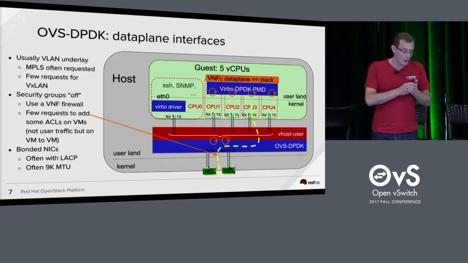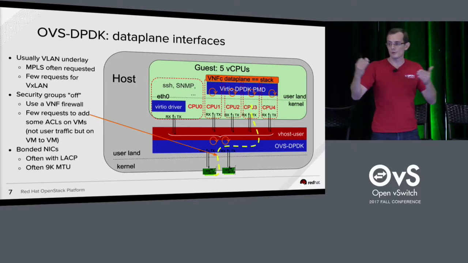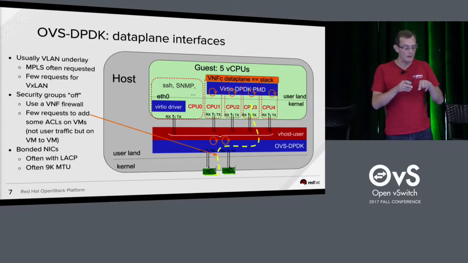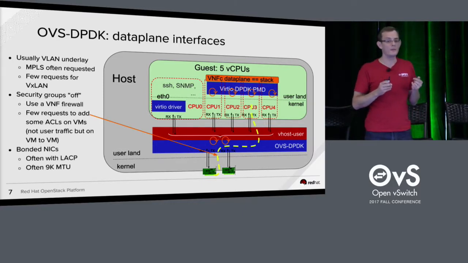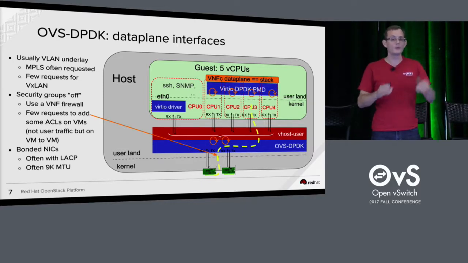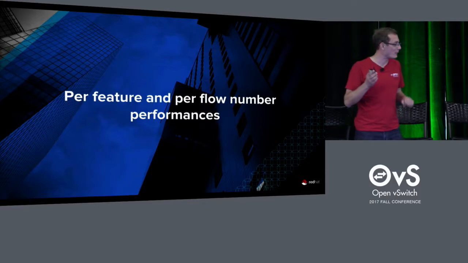We have requests to add some ACLs to say that VM can talk to that VM. This is something we're going to implement. And once again, the NICs are bonded, active-passive, LACP, and often with a 9K MTU, because it's easier to put the MTU to the max and then it's easier to operate. So now talking about performance.